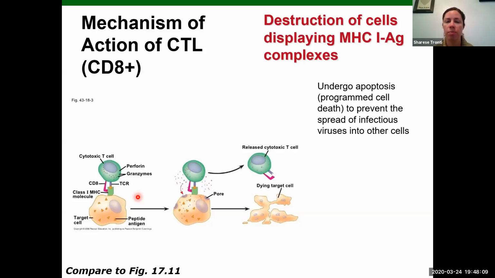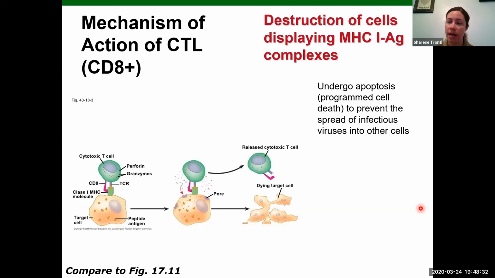Perforin helps to puncture holes into the cell, produces these channels in the cell membrane. Granzymes are what's going to initiate apoptosis of that cell. And again, remember, apoptosis is programmed cell death. So now that cell is going to die.